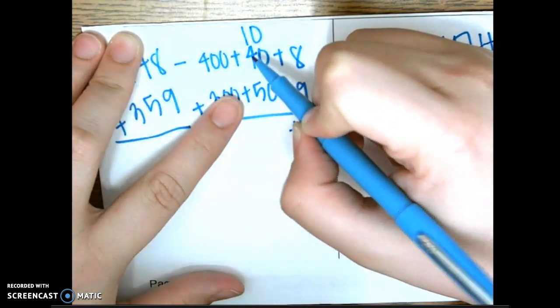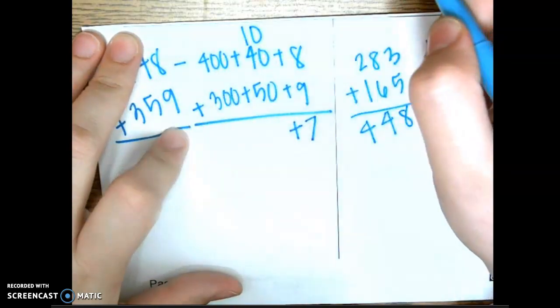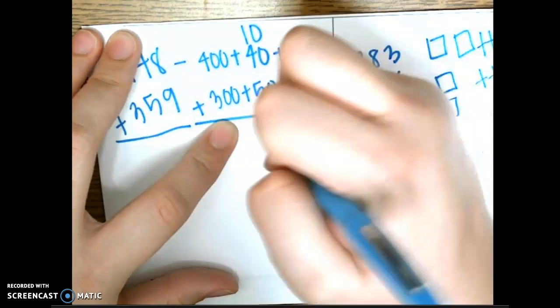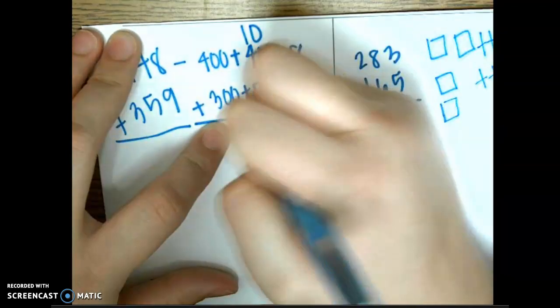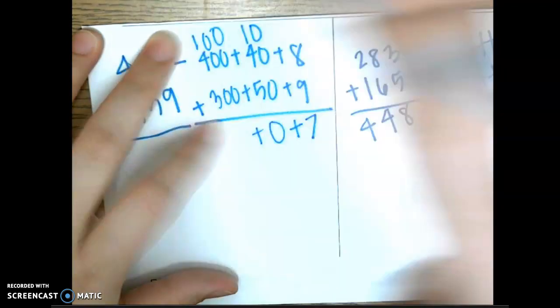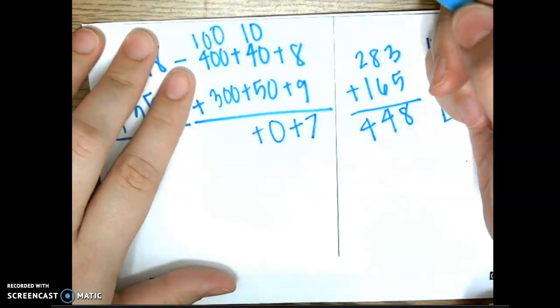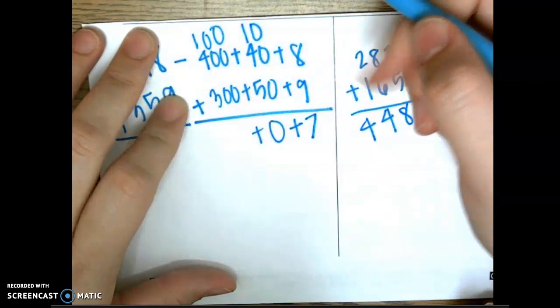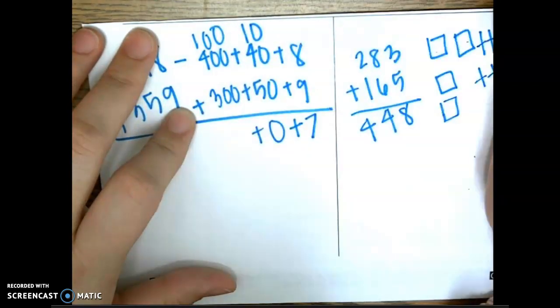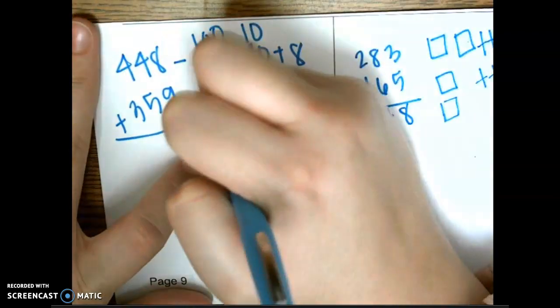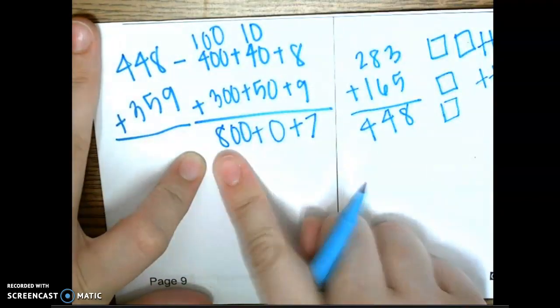What is 50 plus 50? 100. So I'm going to put a 0 here, and I'm going to carry my 100 here. So 100 plus 400 is 500 plus 300, 800. Good job. So 807.